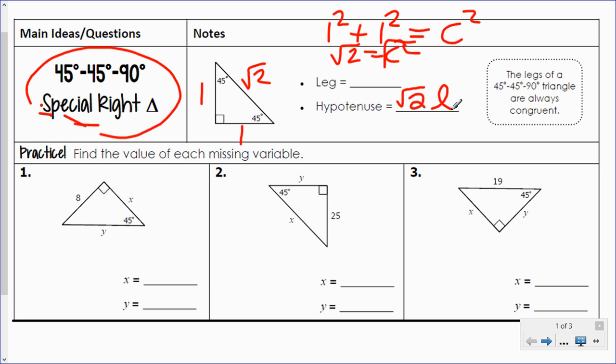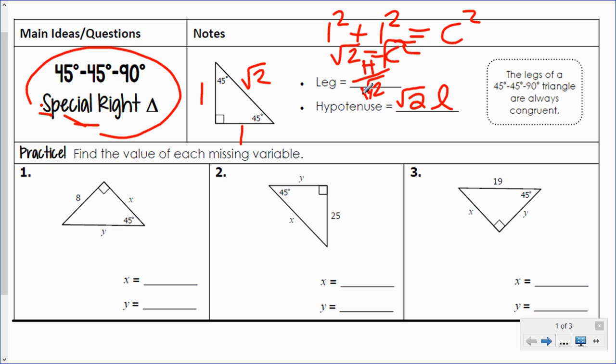Now, to find the leg, we would need to reverse that. Or think about taking the equation we just wrote. The hypotenuse equals the square root of 2 times the leg. If we took that equation and solved it for L, we would end up with the leg equals the hypotenuse divided by the square root of 2.